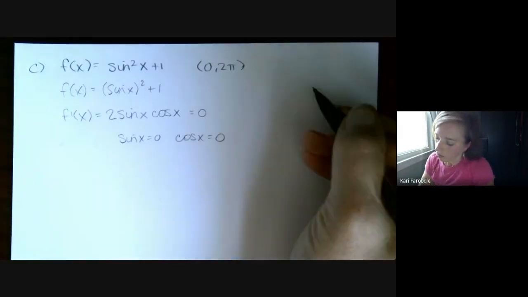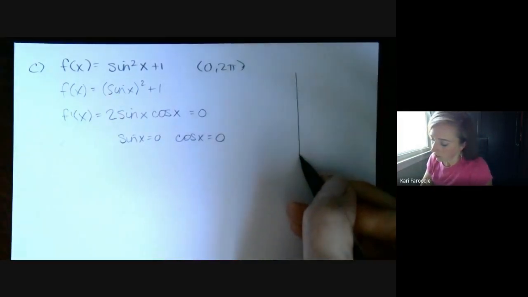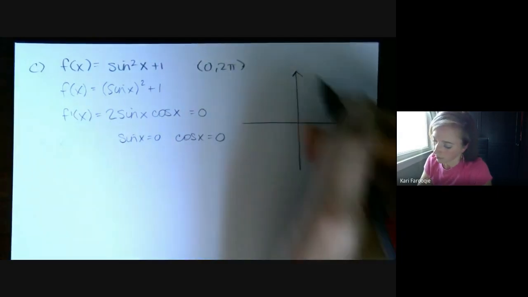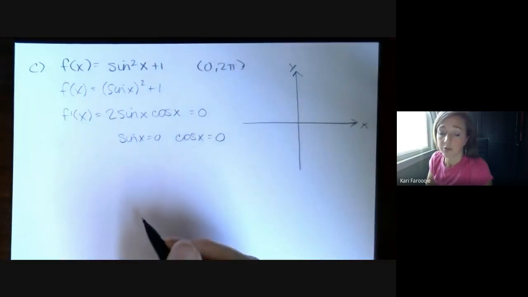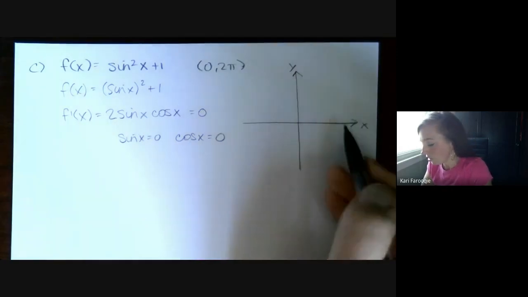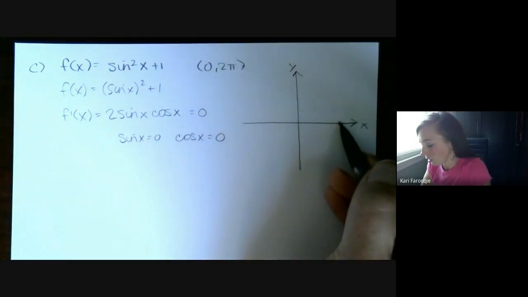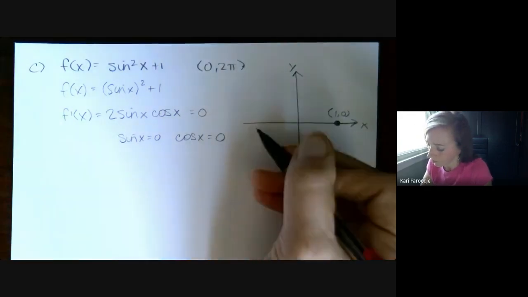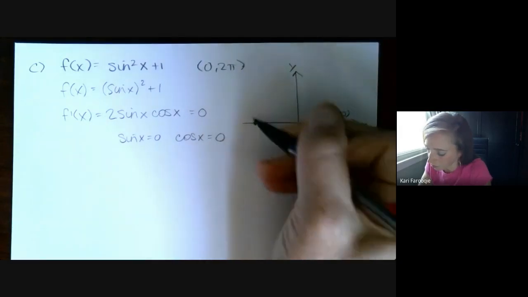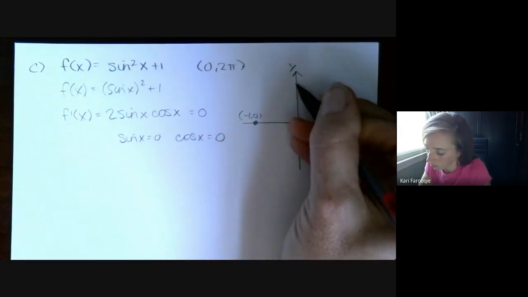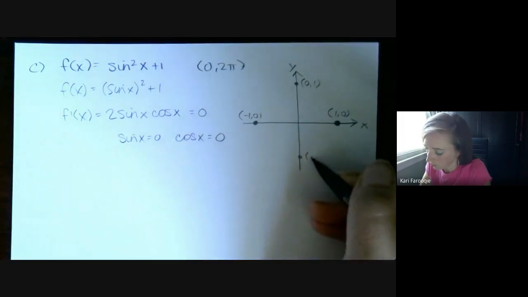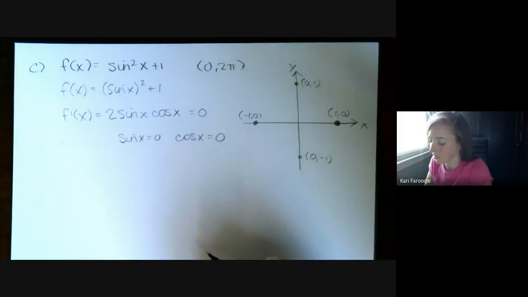All right, you got to know your trig function values, team. Remember that the sine of x is represented by the y coordinate. So in this case, for instance, you're looking at the point (1, 0). Over here, you're looking at the point (-1, 0), (0, 1), (0, -1).